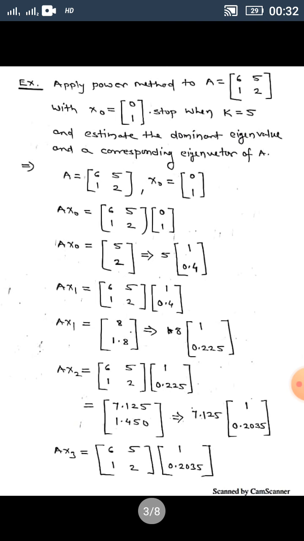Example: apply the power method to the matrix A, a 2 by 2 matrix given as 6 5 1 2, with initial vector 0 1. Students, if they don't give the vector here, you can consider 1 0 and 0 1 for a 2 by 2 matrix as the vector x0.